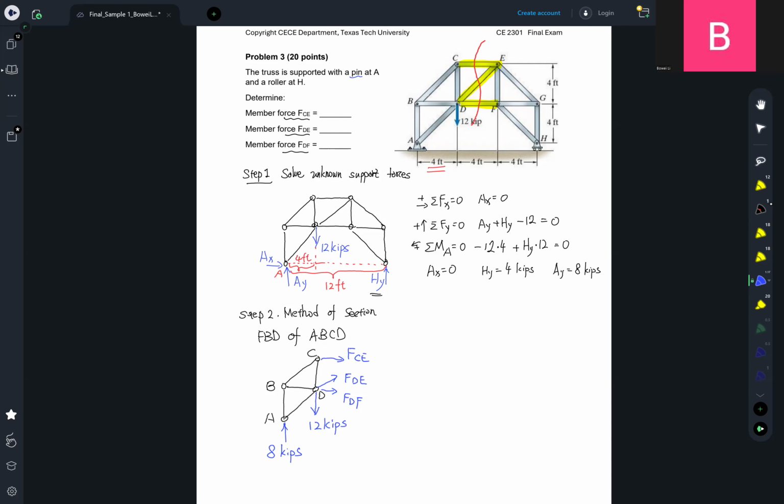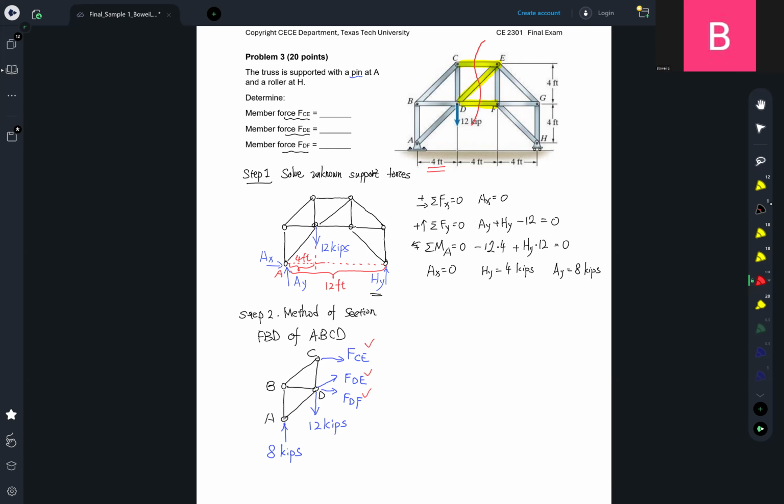So if we look at this part of the structure, how many equations do we have? Since it is a general rigid body model here, we have three equations. How many unknowns do we have? It's just the three unknown forces here, right?